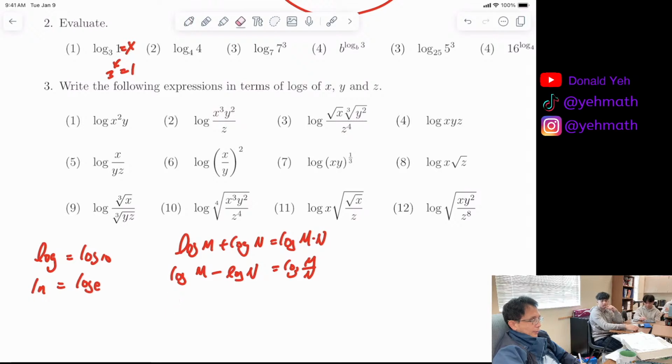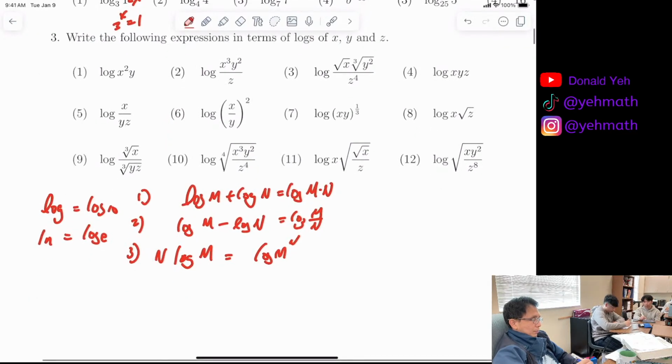Log of m to the n is equal to n times log of m. This is the basic log rule. The first one is called the product rule, the second is the quotient rule, and the third is the power rule.